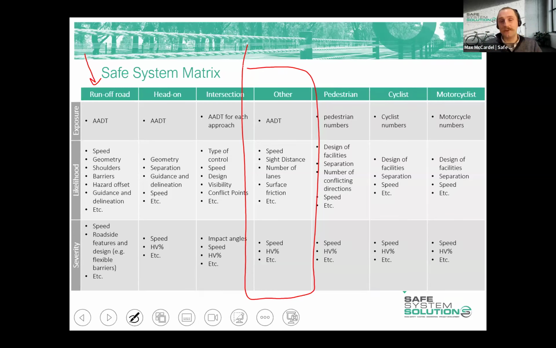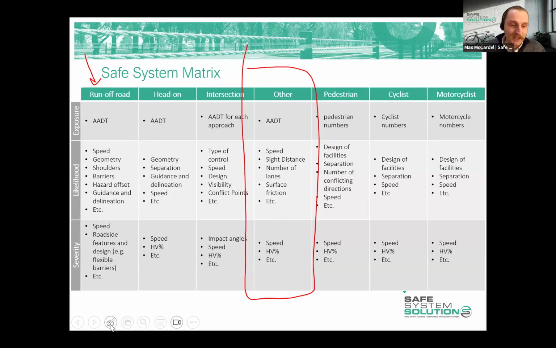A more dramatic version would be if you were assessing a site that had a level rail crossing, and you could put a vehicle collision with a train in that other category. So it is by all means just a catch-all, and whatever is appropriate for your specific site is what you would put within that other. So that's my first note.